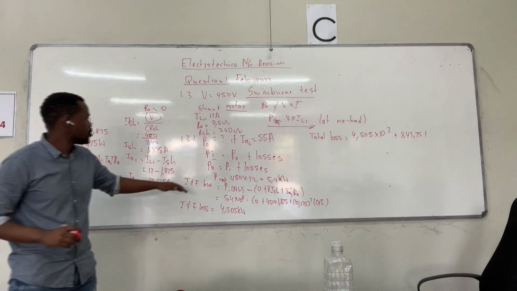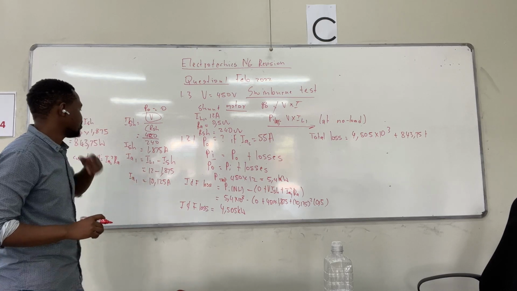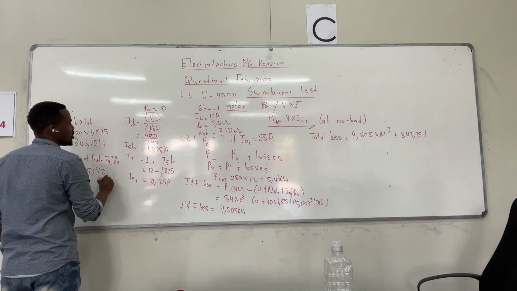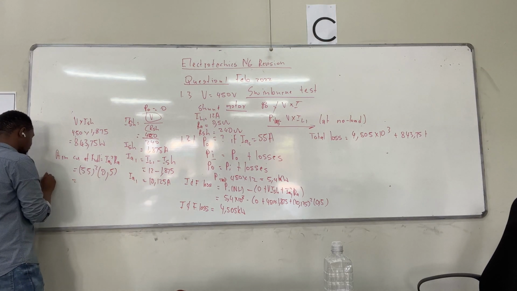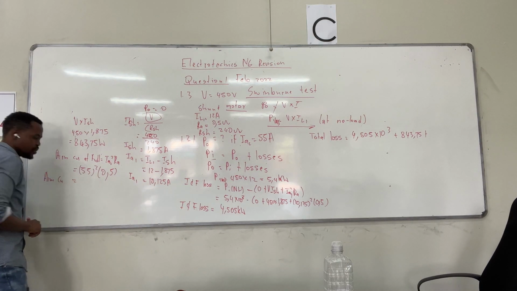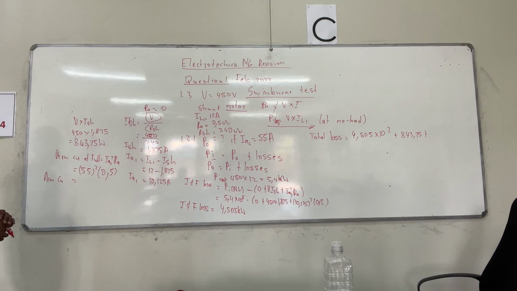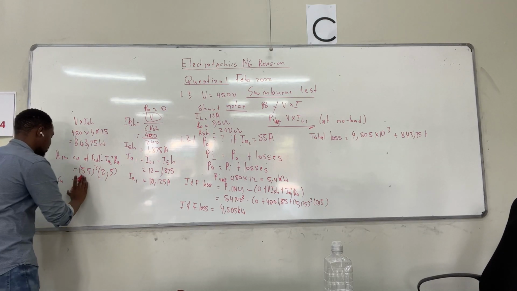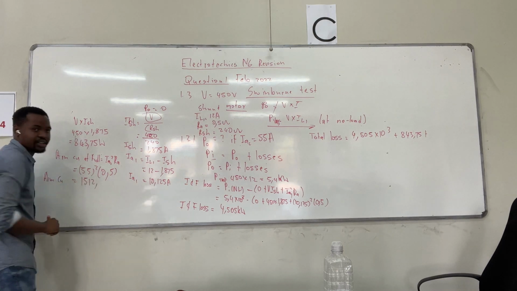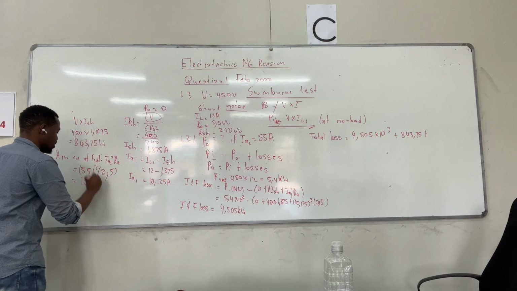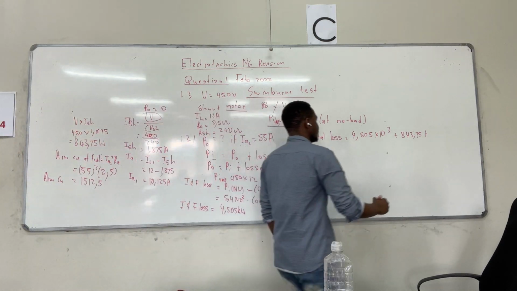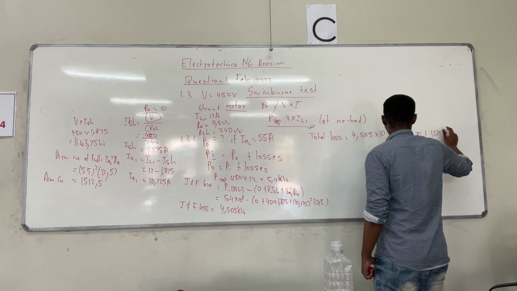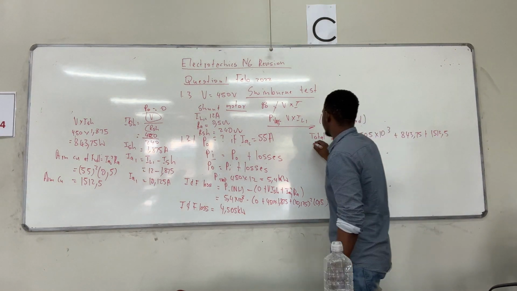What is IA2? We're given 55. So 55 squared times 0.5 gives the armature copper loss at full load, about 1,512.5 watts. So what is the total loss, guys?